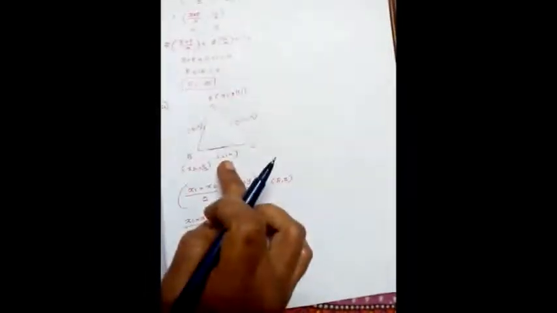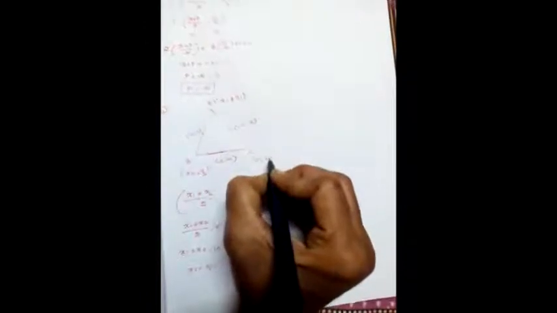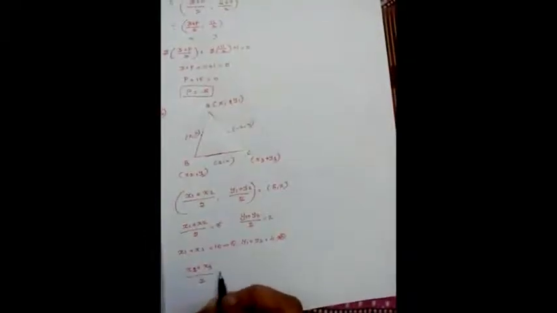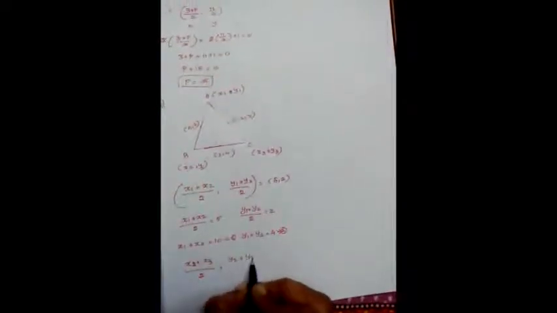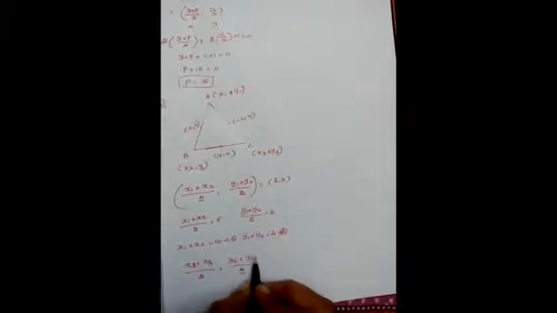For example, the next midpoint is 2 comma 4. Same as before, here we have x3 comma y3. So the point is x2 plus x3 by 2 comma y2 plus y3 by 2 is equal to 2 comma 4.